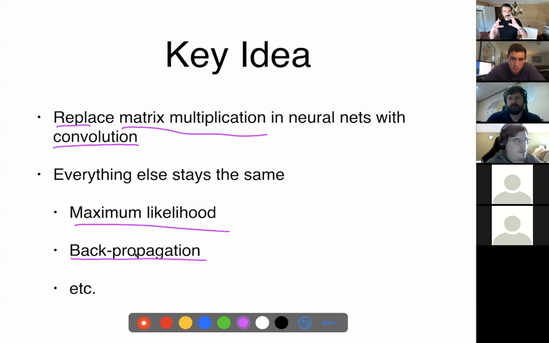So we only change the architecture here, the kind of operators we need for the calculations, but in terms of the processes for optimizing the architecture, everything else would remain the same. And that's nice, because we don't want to introduce a lot of new changes to the way we used to do things.